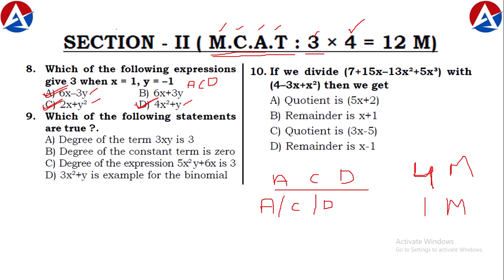If they bubble any 2 correct options like AC or CD or AD, they will be given 2 marks, because 2 correct options, 2 marks. So if they bubble only 1 correct answer, 1 mark. If they bubble 2 correct options, 2 marks.